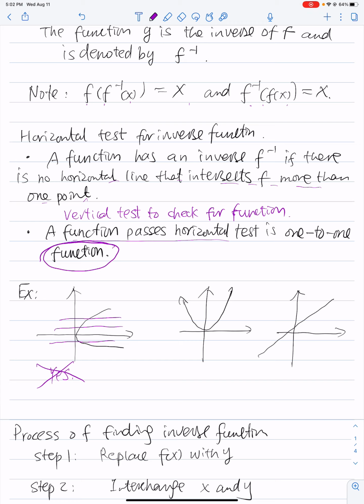It has to be a function. What does that mean? It has to pass the vertical line test. So if you want it to be a one-to-one function, you have to pass both the vertical and the horizontal. This one does not pass the vertical, so this is not even a function, and then it is not a one-to-one function.